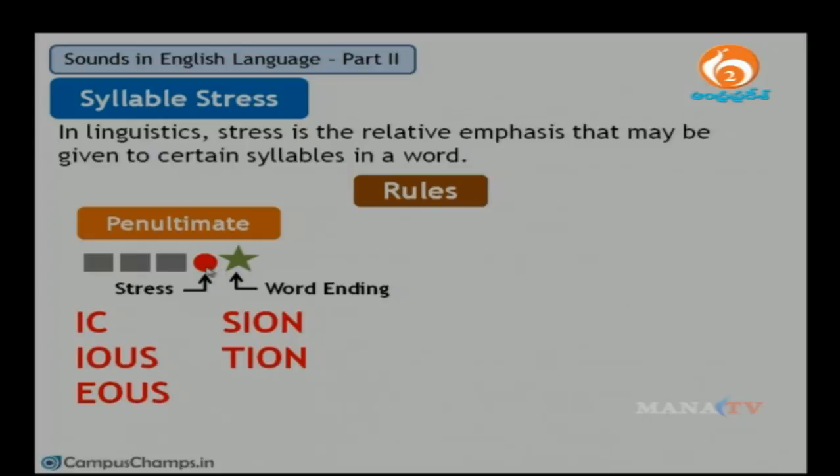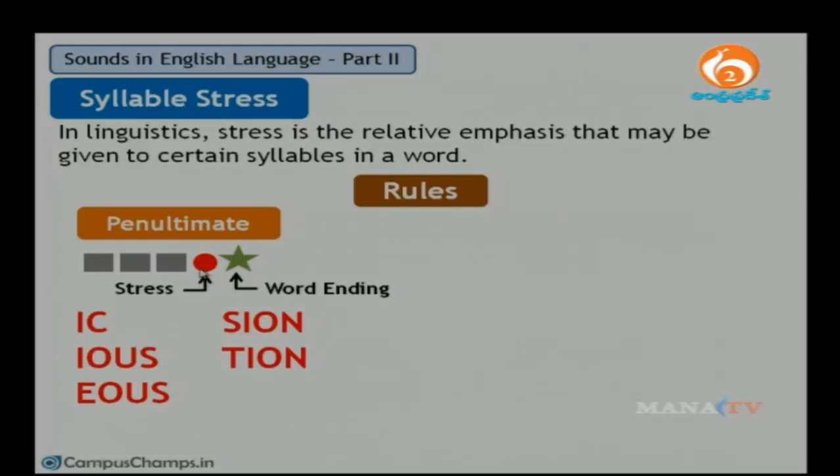Till the red mark, these are the syllables. The rule of penultimate, which means second last, or last but one. That's the word we use, penultimate. If your word ends with any of these endings, the stress should be on the second last syllable.